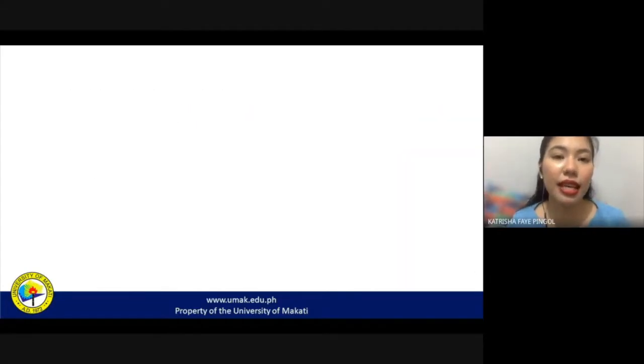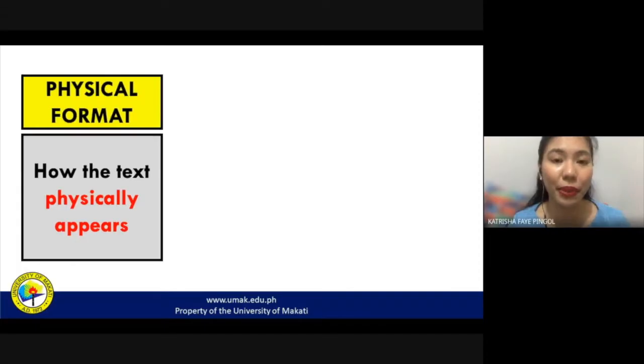Now, how can we say that a particular text is well organized? There are certain aspects or elements that we can look into. Take, for example, you can look into the physical format, how the text physically appears. So that simply refers to what you can see. Once you are presented with a text, without even reading the text itself, what can you see right away? Okay, so it might include how your text is divided.